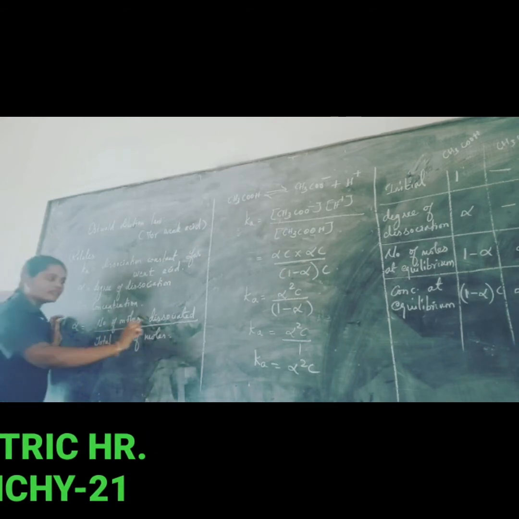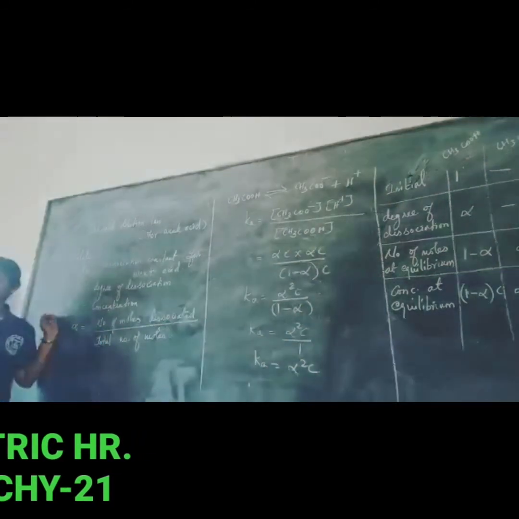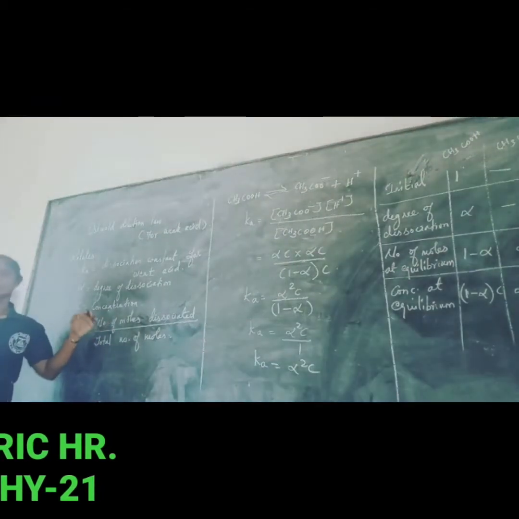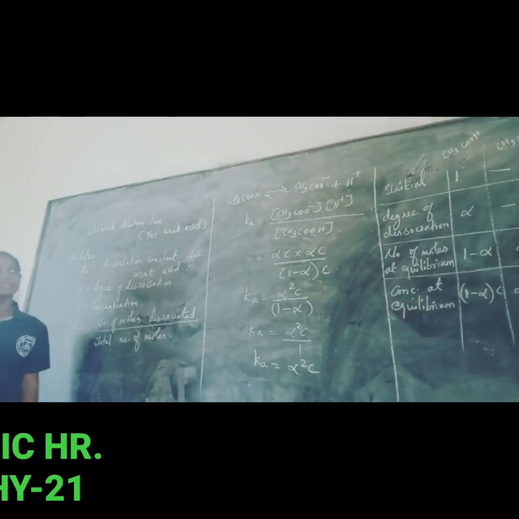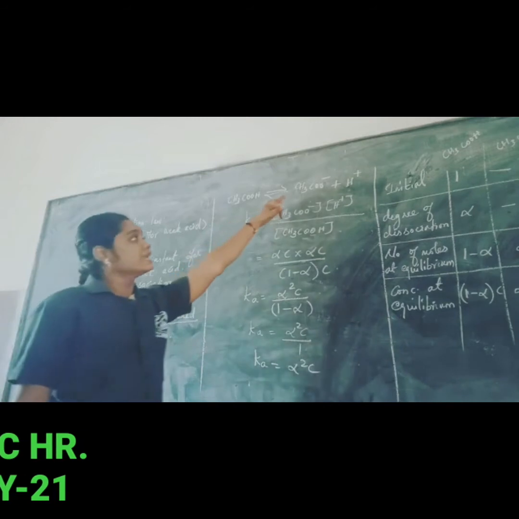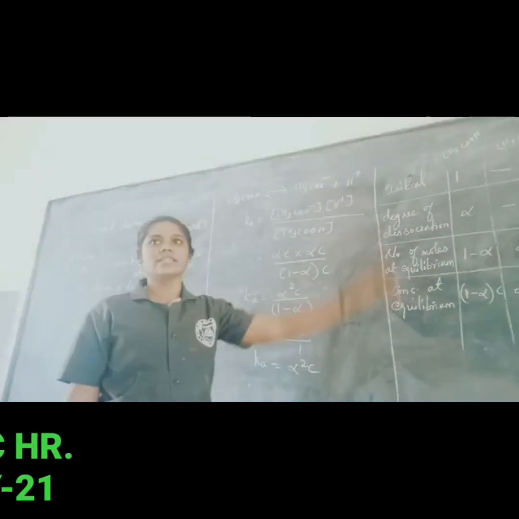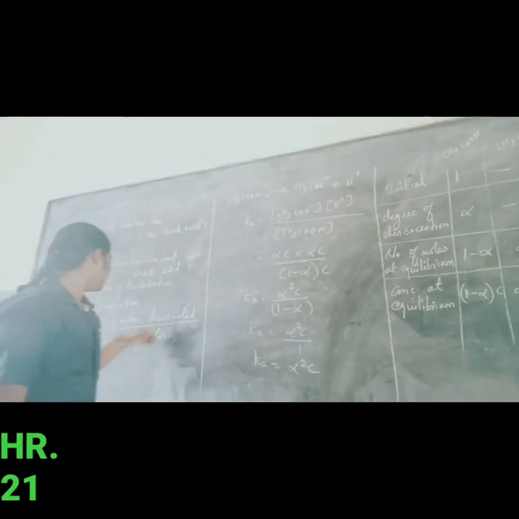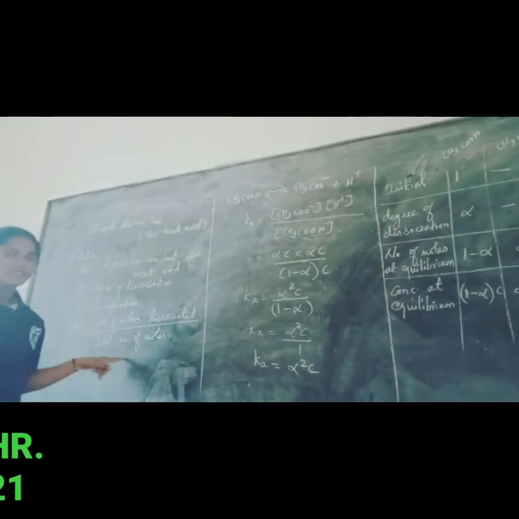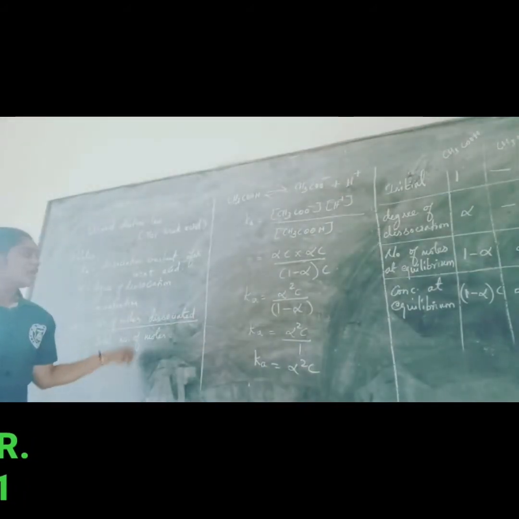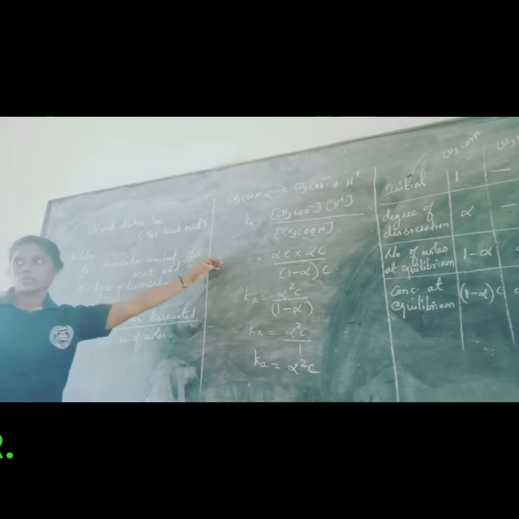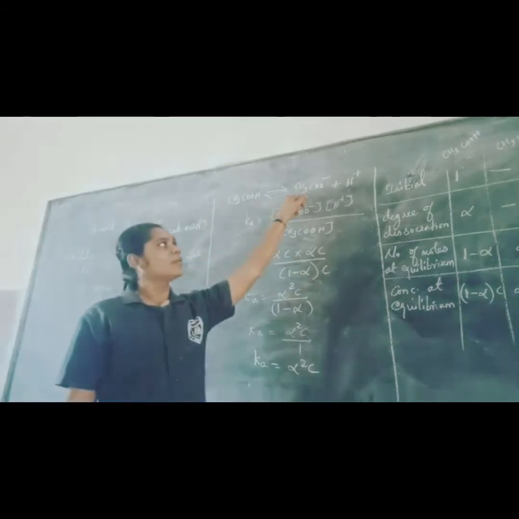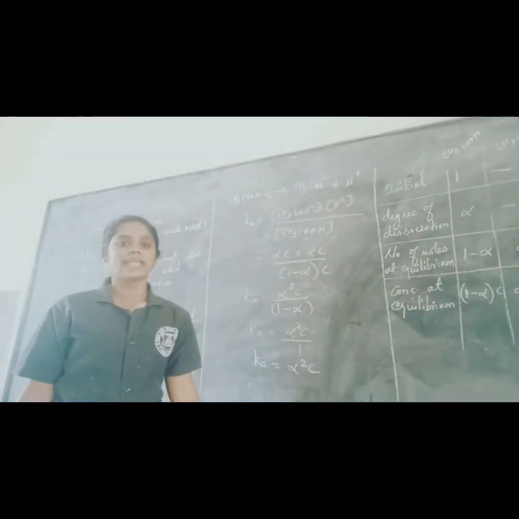The denominator is the total moles, acetic acid, and the numerator is how it dissociates: CH3COO minus and H plus.